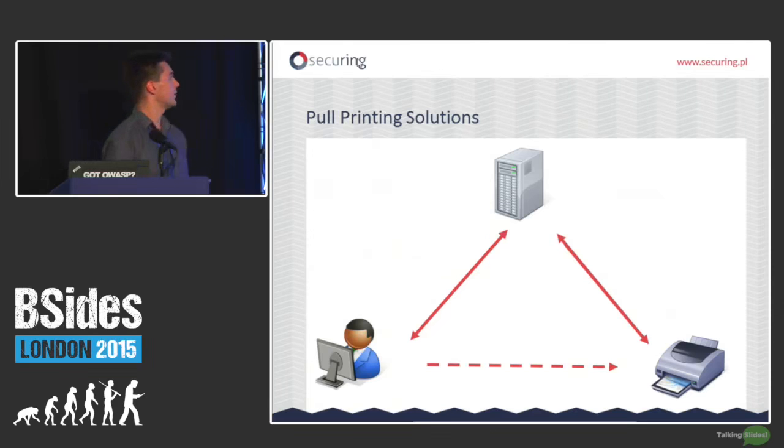I did big research on pull printing solutions, which probably you know how they work. You don't print directly to the printer. You print through the job server, and you collect these things at the printer by swiping your card or entering your username. And the printer requests the job files from the server.